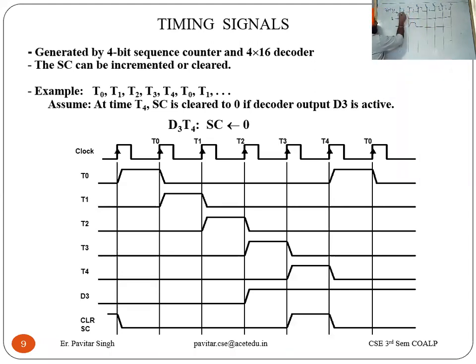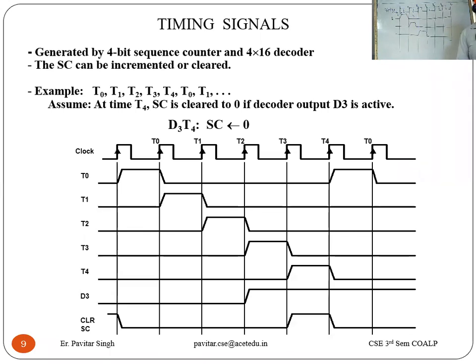So this is your T0 area, this is your T1 area, right? Similarly for T2, here you will get T2 high, and so on. I hope the concept is clear. Similarly, you can represent it up to T4, right? You can see the diagram which is shown in front of you in the form of PPT.